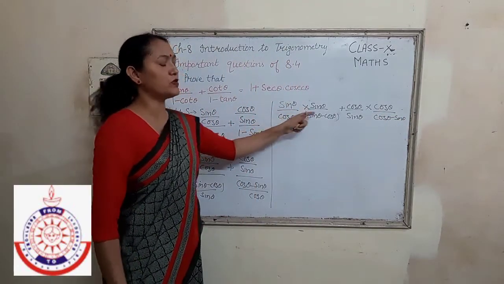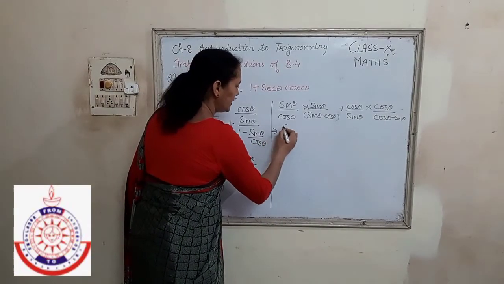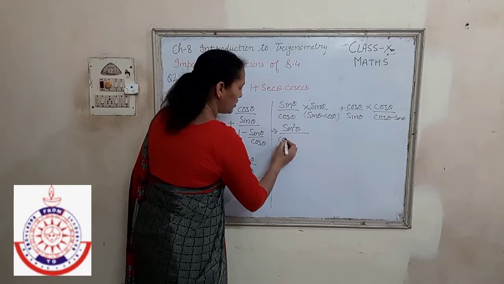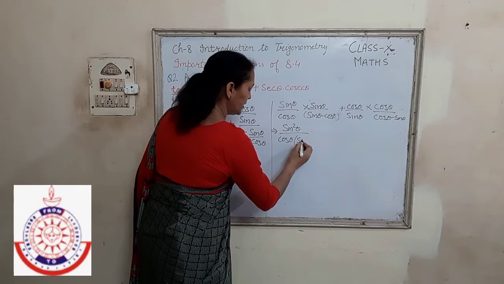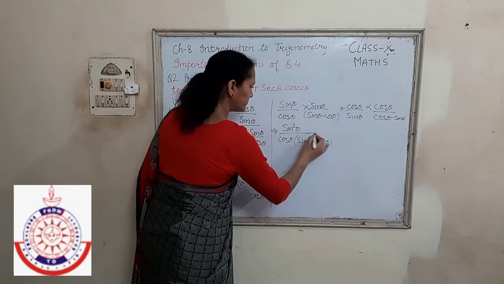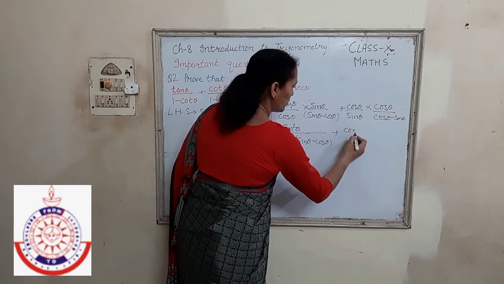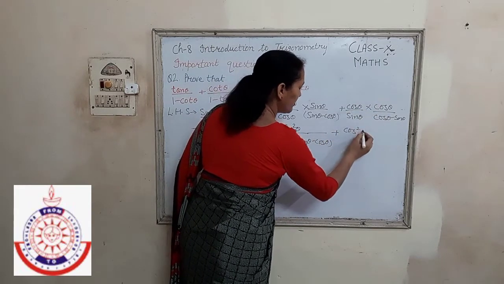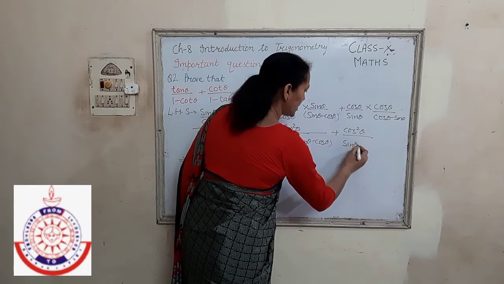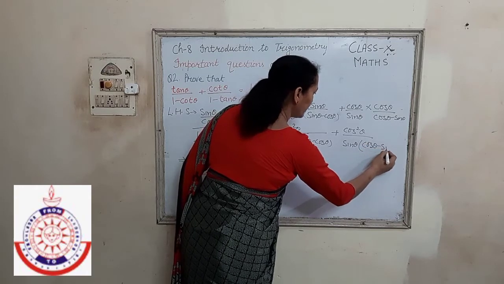Multiplication: sin theta into sin theta will become sin square theta. So we'll be having sin square theta upon cos theta into sin theta minus cos theta, plus cos theta into cos theta will be cos square theta, and here it is sin theta into cos theta minus sin theta.